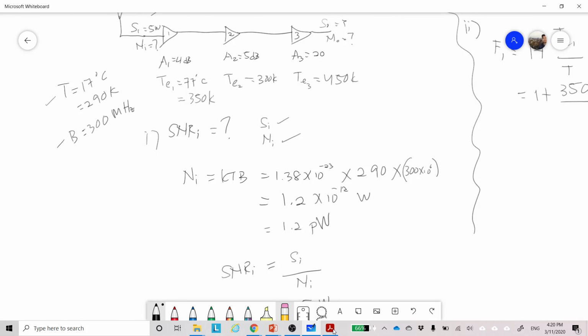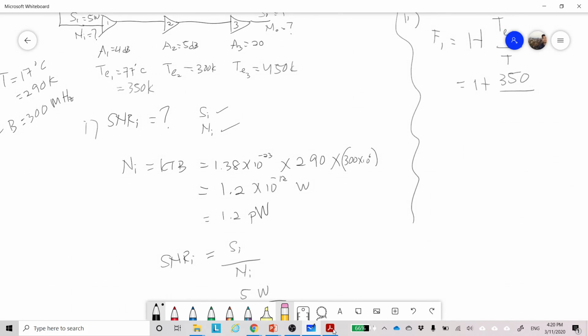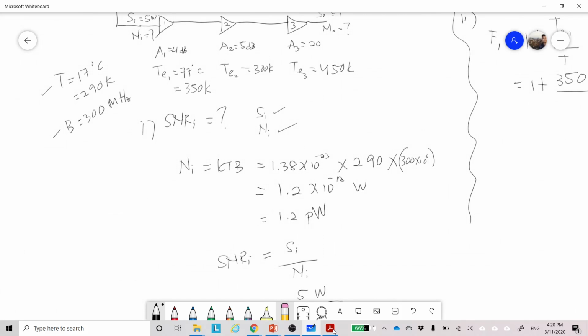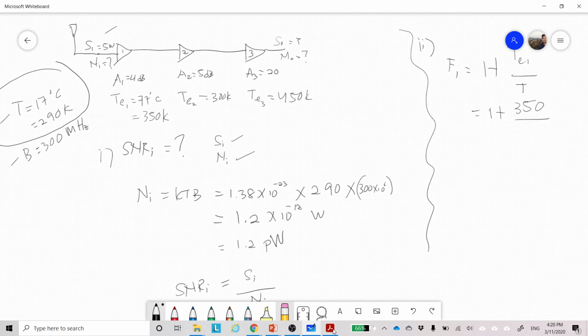Environmental ini 17 darjah Celsius tadi bersamaan dengan 290 Kelvin. So ini adalah environmental temperature. Okay, so bagikan dengan 290, so you akan dapat bersamaan dengan 2.201. Boleh cuba guna kalkulator.